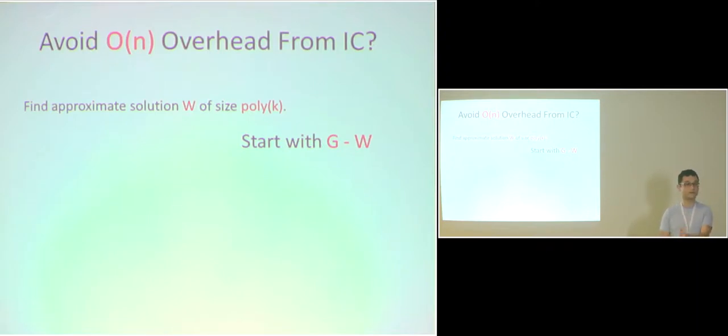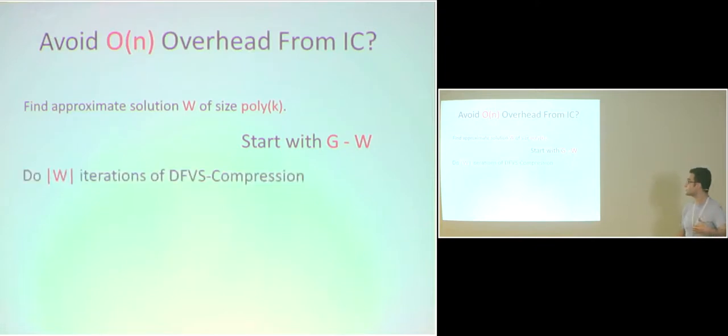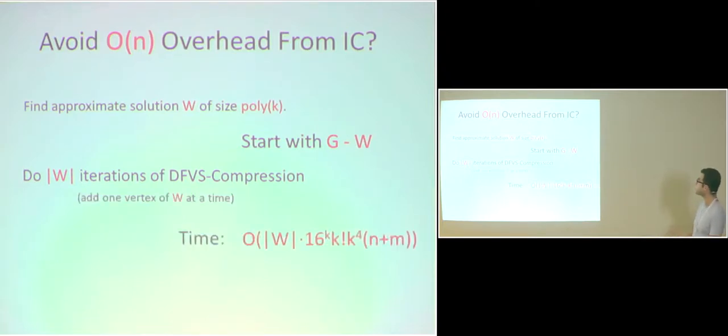I have a solution of size 0, the empty set. So then, once I start with this graph, I can again add one vertex at a time to the graph and to the solution, and then run the compression step. So in particular, all I need to do is |W| iterations of the compression step instead of doing n iterations. So if W is of size poly k, then this is exactly what we need. It is 16 to the k times poly k times nm time.